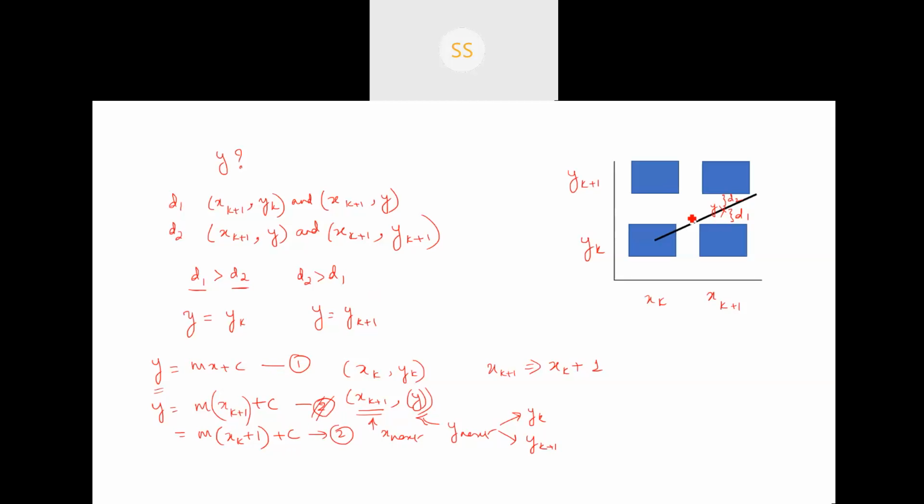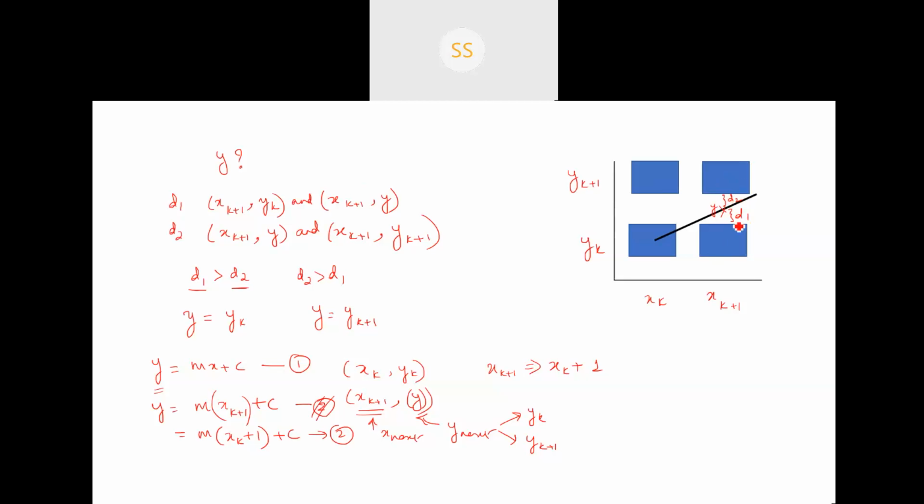First of all, to find what my y value is, I need to find the difference between the two coordinate values. That is, I have two distance values d1 and d2. I have to find whether this pixel is closer to yk plus 1 or to yk.